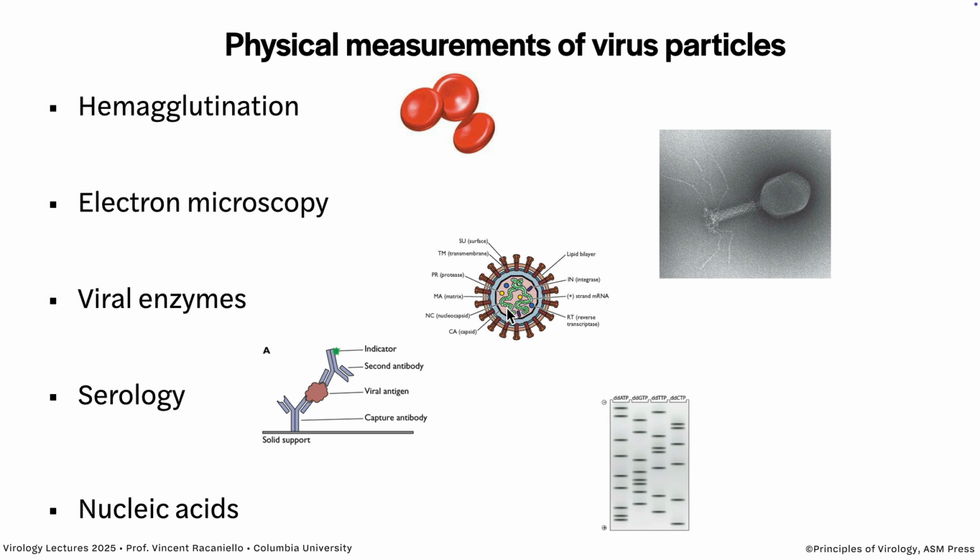Some virus particles have enzymes in them. We can measure those. And then we can use serology, where, for example, antibodies can be used to detect viral proteins or viral antibodies. And finally, nucleic acids, of course, where we simply sequence a sample and that can tell you roughly how much virus particles are present. So let's go through some of these.